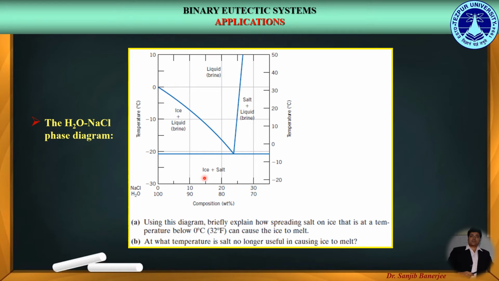Now if we consider any arbitrary temperature below 0 degrees centigrade, say for example minus 10 degrees centigrade, we can find that with increasing concentration of salt, we enter from the phase of liquid brine plus ice to the phase of liquid brine only. That means the ice is melted.